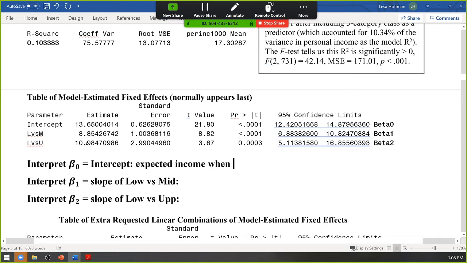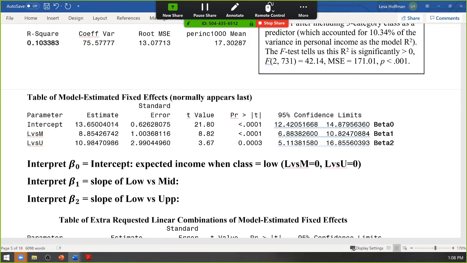Which group am I talking about in which both of these predictors would be 0? The low group, yep. When class equals low. And I'll put in parentheses, I know that, because that's when L versus M would be 0, and when L versus U would be 0 as well. So people who rated themselves as being in low income class make $13,000.